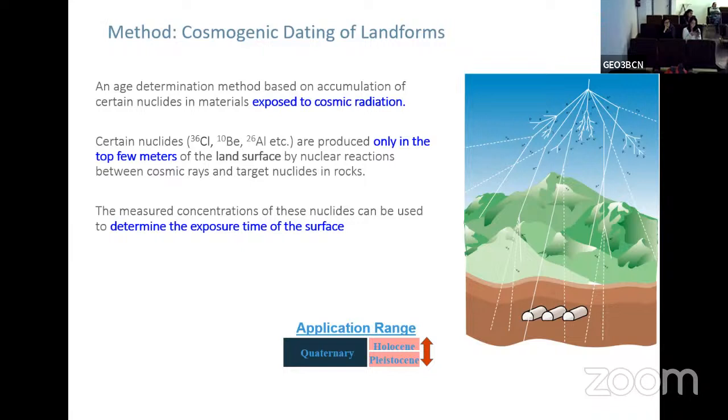So the more it is exposed to the cosmic radiation, the more it accumulates new cosmogenic nuclides. If you know the number of atoms that are produced every year in a certain area on the globe, you can then calculate the age of the surface, since when this rock has been exposed to cosmic radiation.